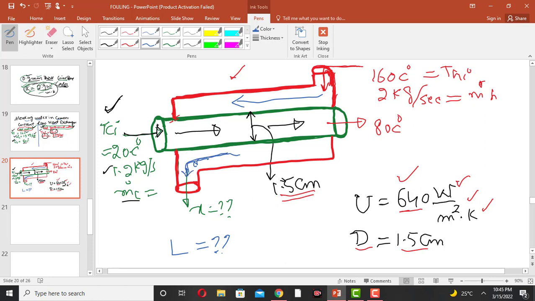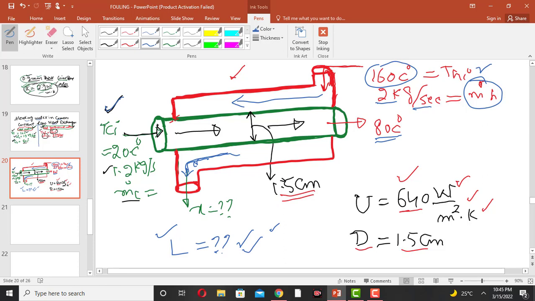So this is the hot water. The inlet temperature of the hot water is 160 degrees centigrade, and the mass flow rate of the hot water is 2 kg per second. The outlet temperature of the cold water is 80 degrees centigrade. Now the question is: what will be the length of the shell and tube heat exchanger?